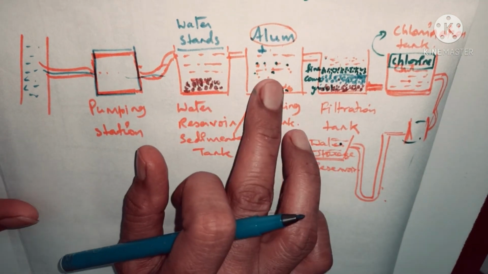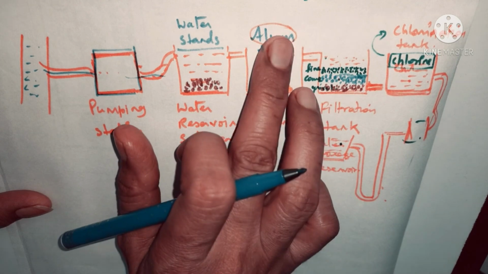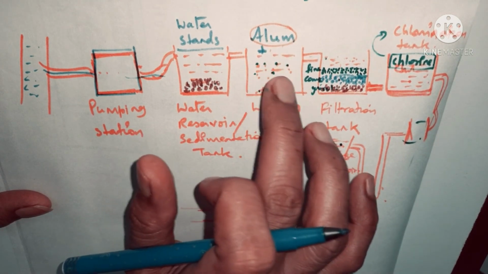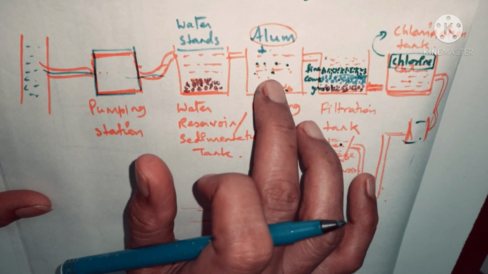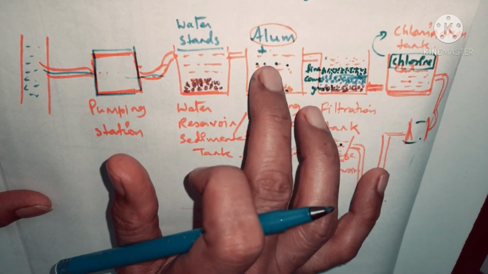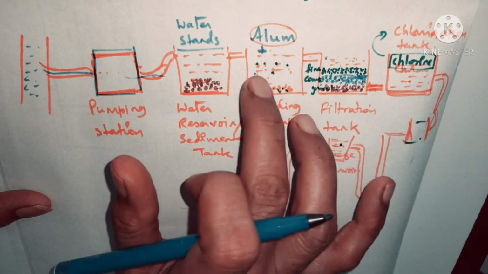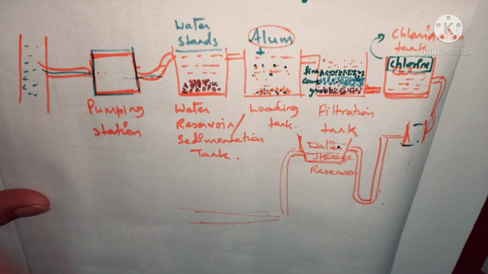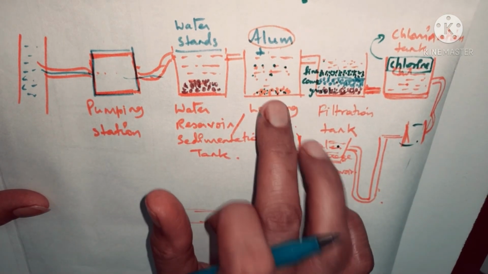Then it is passed to the loading tank, where alum is used. The suspended clay-type particles become heavier because alum particles deposit on these lighter clay particles, and due to the heaviness of the alum they get deposited at the bottom.